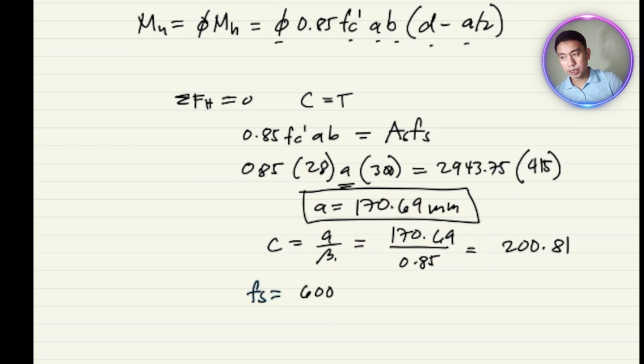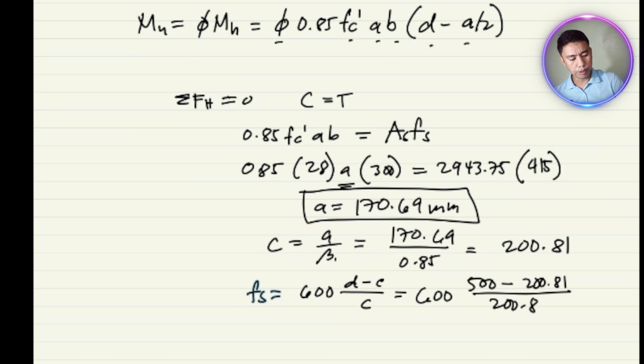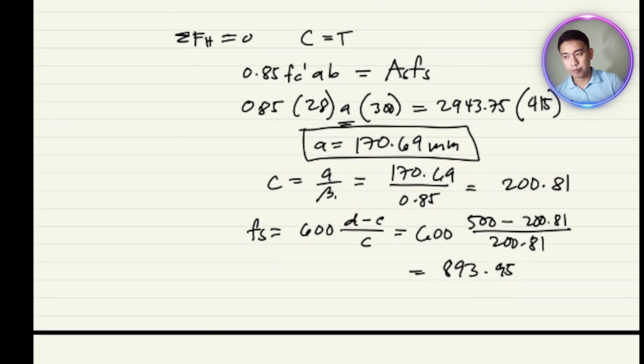So we have 600 times d minus c over c. So we have 600 times 500 minus 200.81 over 200.81. So ang Fs is 893.95.